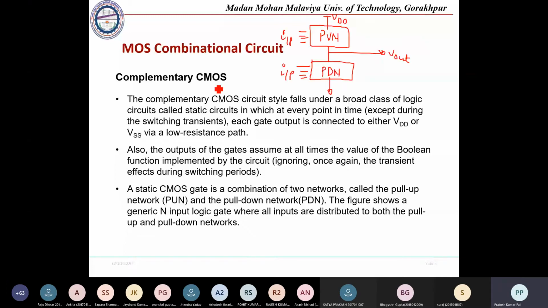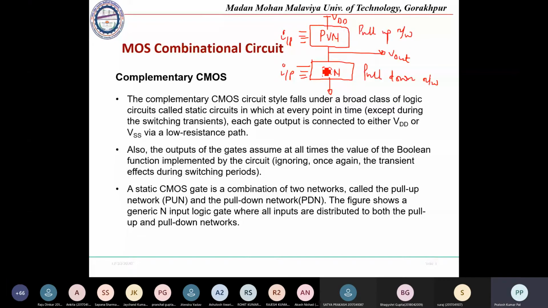Okay, so we will be analyzing this in detail. This is just an overview. There are some advantages of implementing this pull-up network and pull-down network.